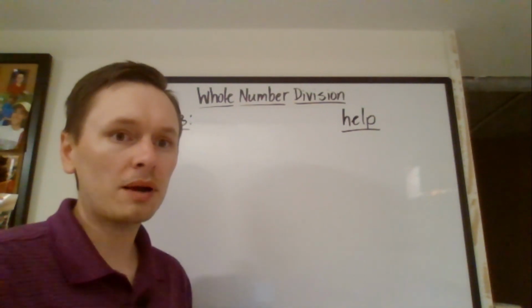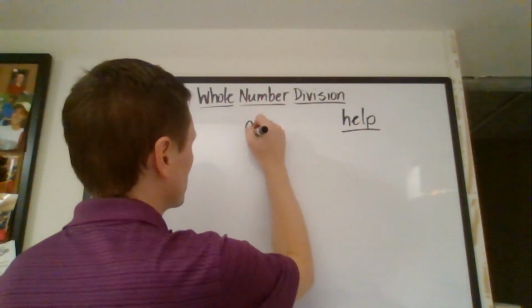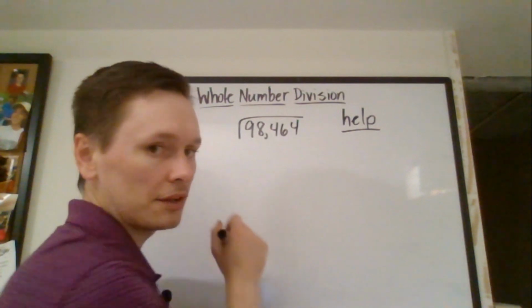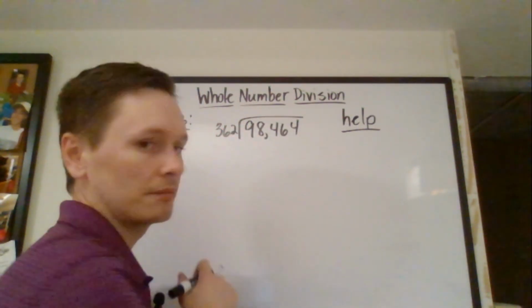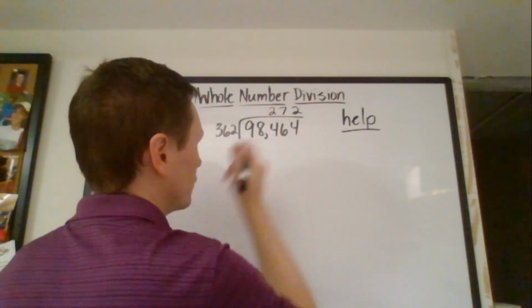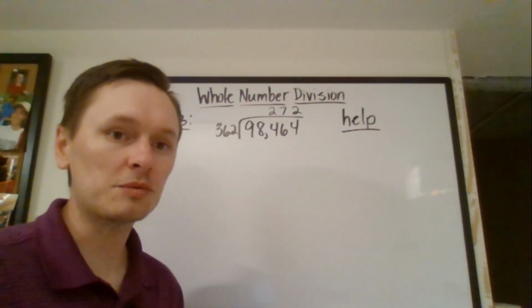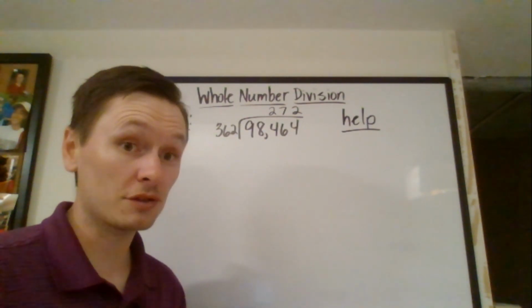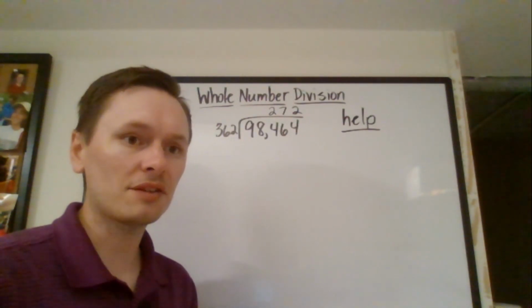Okay, and so this problem is 98,464 divided by 362. Okay, and then we already know our answer is 272. All right, and so we're going to fill in some blanks, but we already know most of the numbers. We already know the answer. But what's important is we need to find what this acronym is.